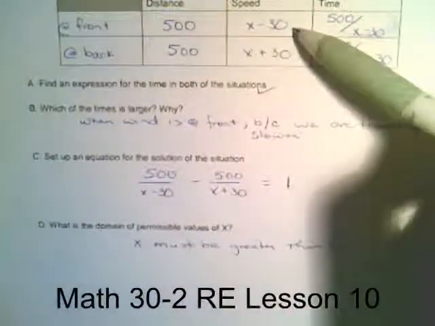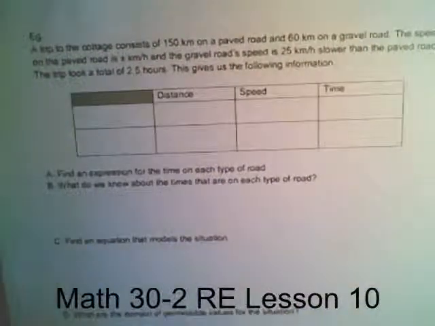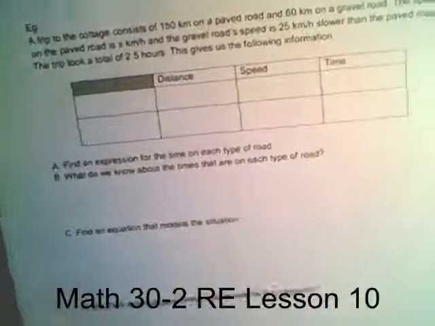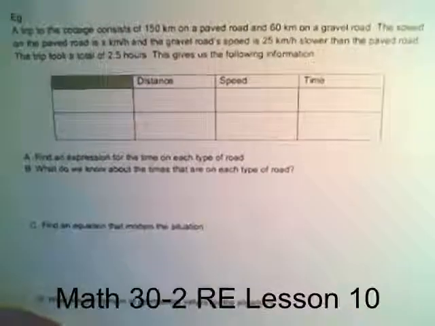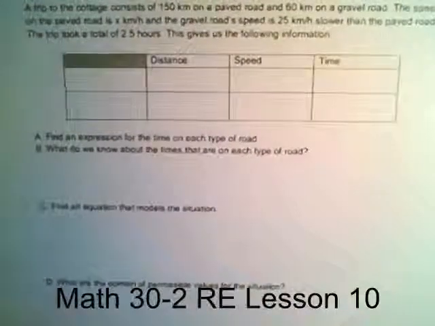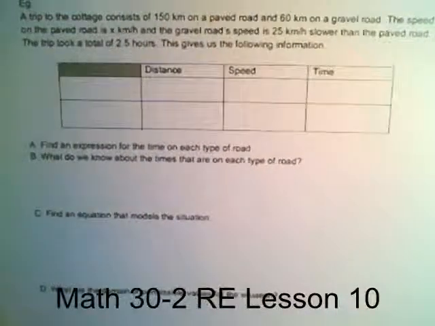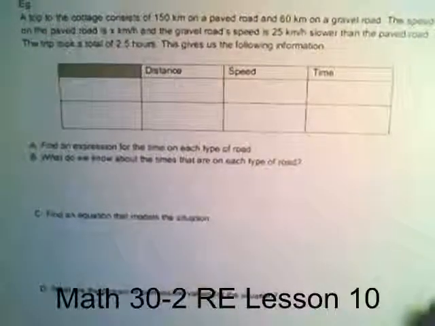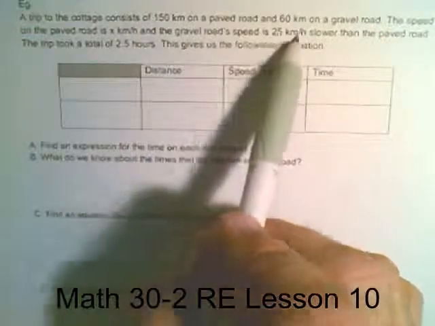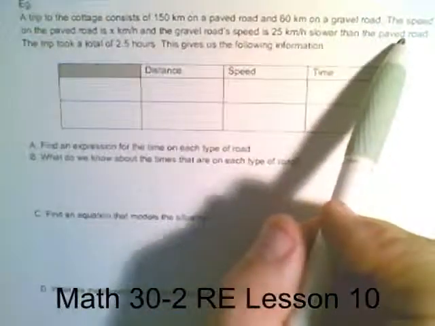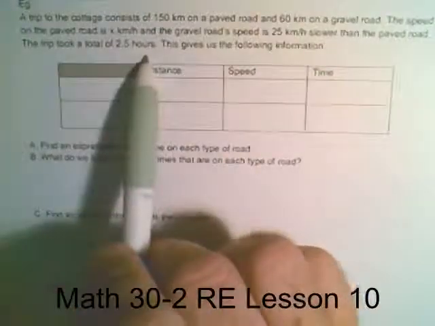And if this speed doesn't make any sense, this problem doesn't make any sense. So for this problem to work, x has to be bigger than 30. It doesn't matter here, because I'm just going to add 30. If x is bigger than 30, add another 30, it's still all good. But here, in the x minus 30, I can't subtract the extra 30. Long story short, this is just kind of the idea of what's going on. Please go back and rewatch that if you need to. I'm going to continue on.